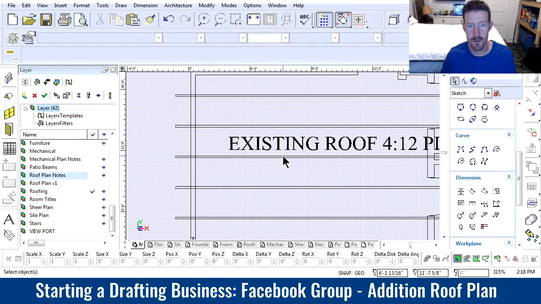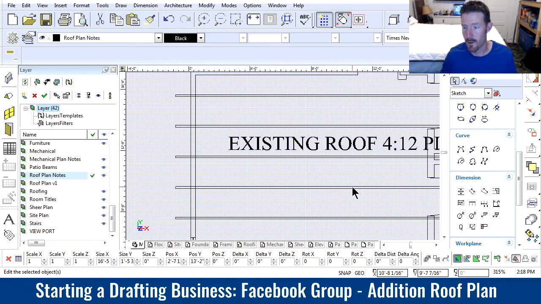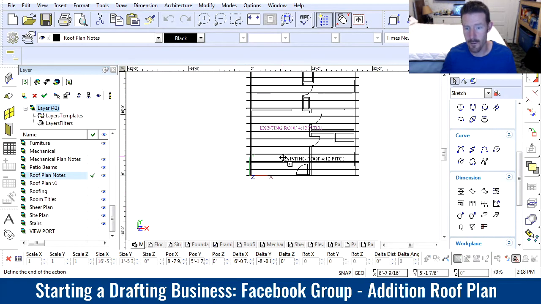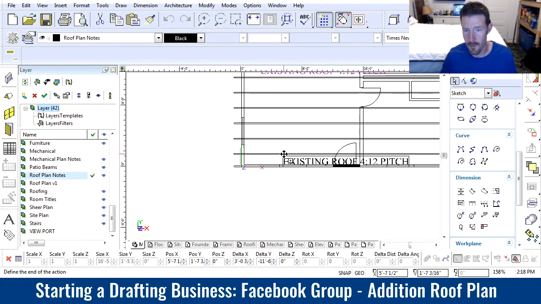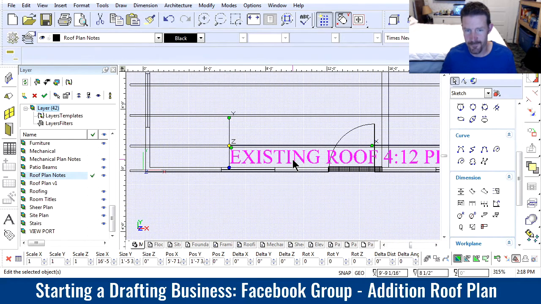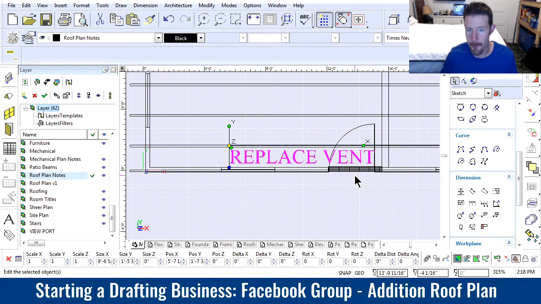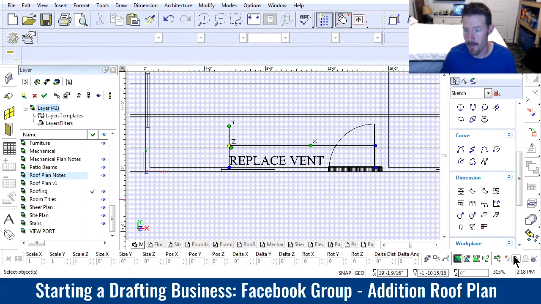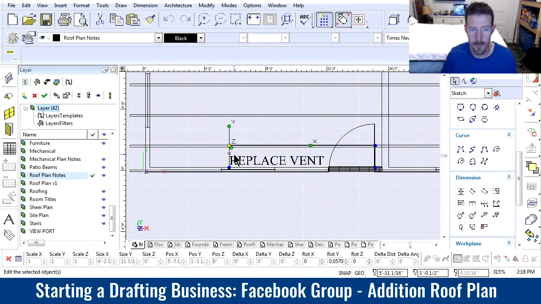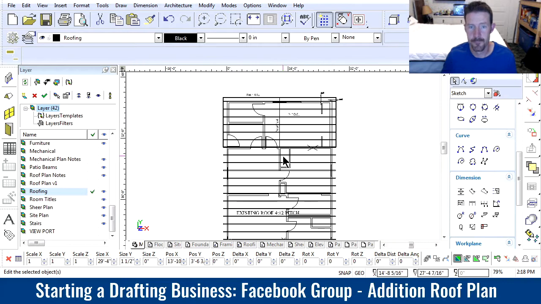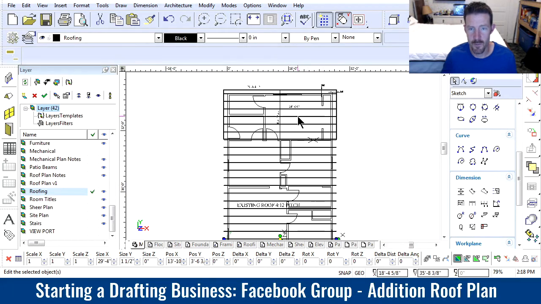And then I want to put replace vent. There we go. That's pretty solid.